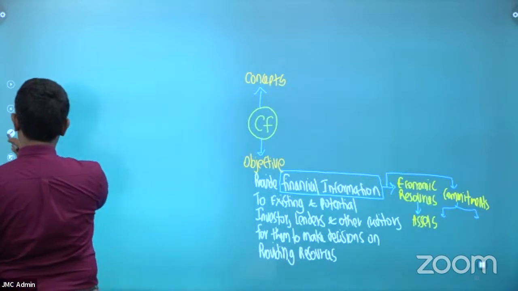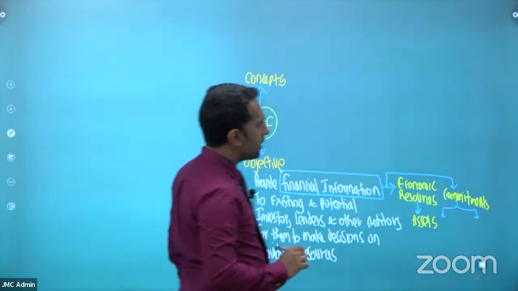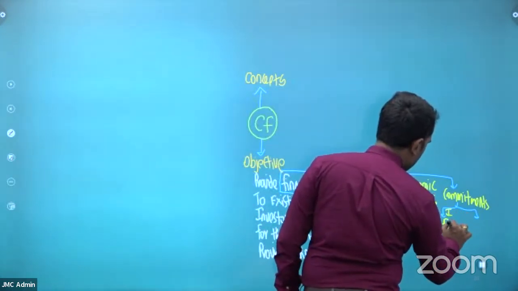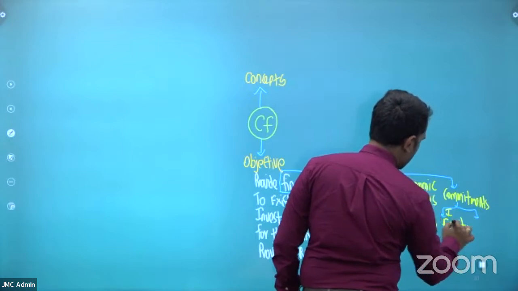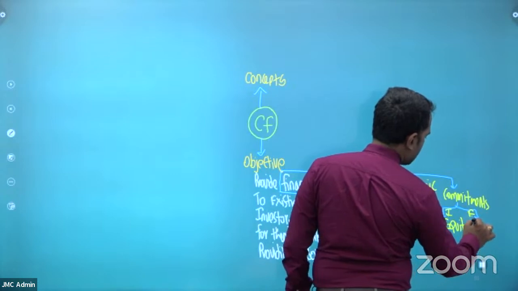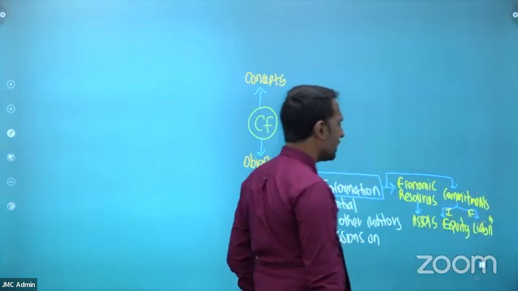One particular type of commitments are the internal commitments. These internal commitments are what we call equity. Certain commitments are external. These external commitments are what we call the liabilities.